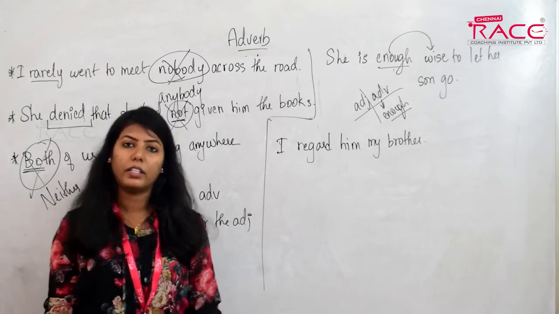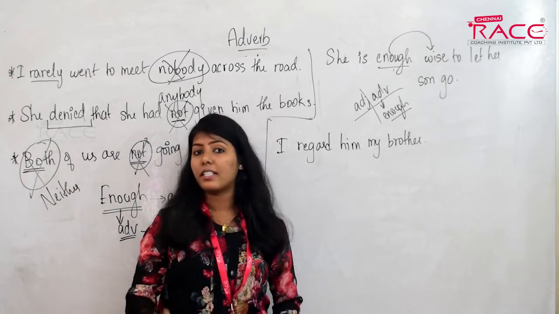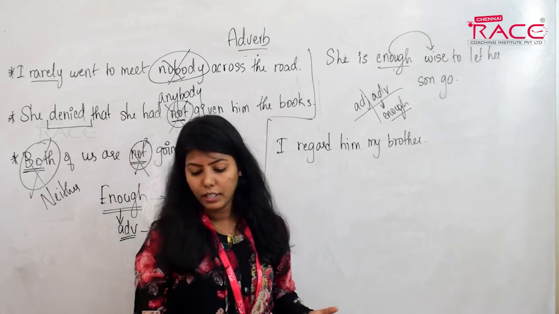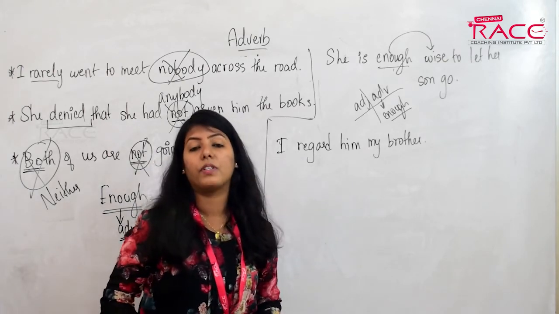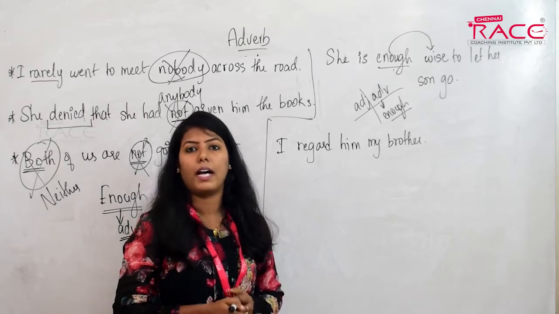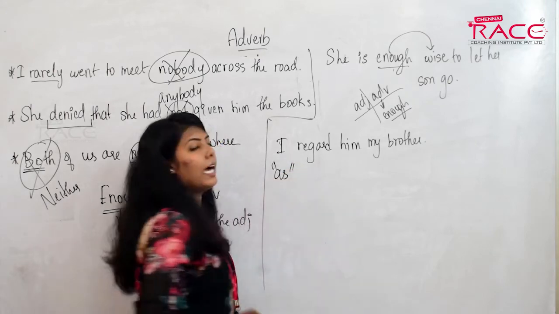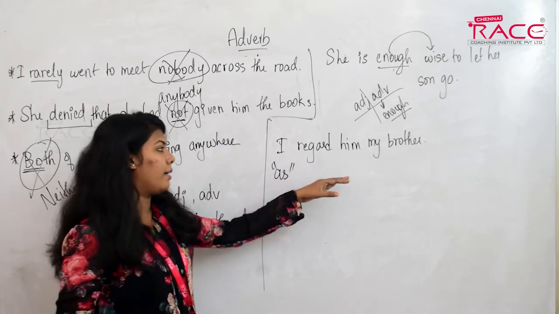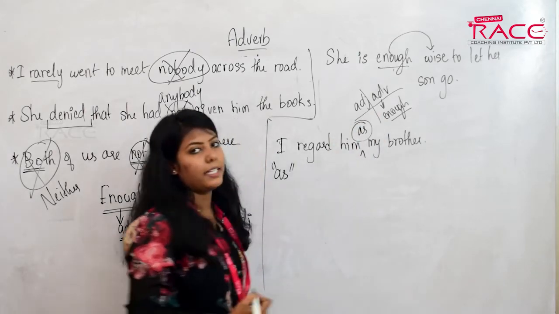He cannot be your brother; he is just considered like your brother. So that's the mistake we make. There are a few words which must be followed by the word as. So here, I regard him as my brother would be the most appropriate one.